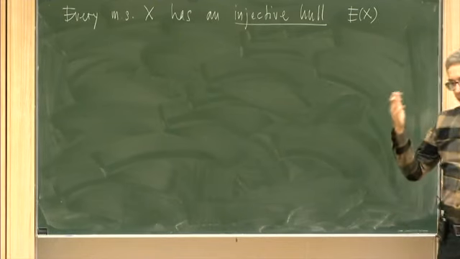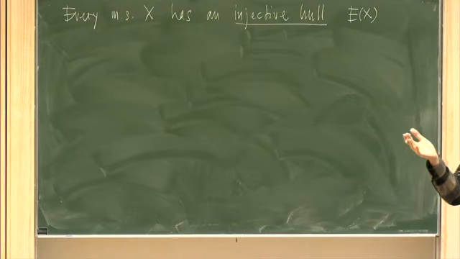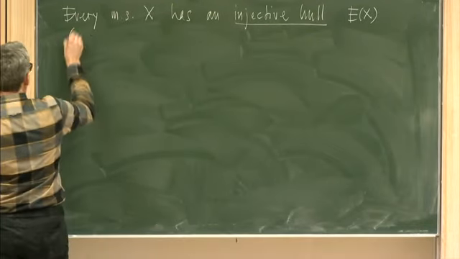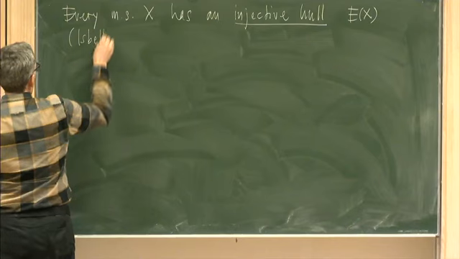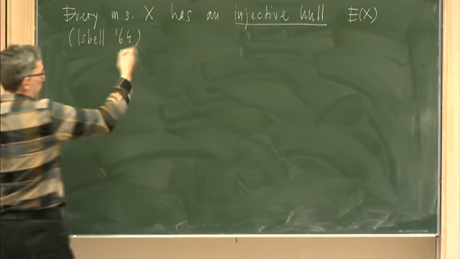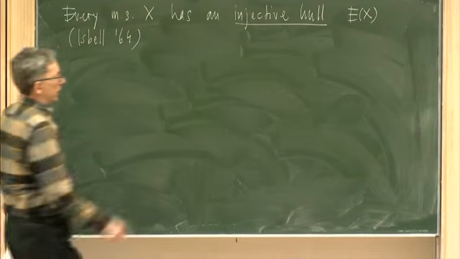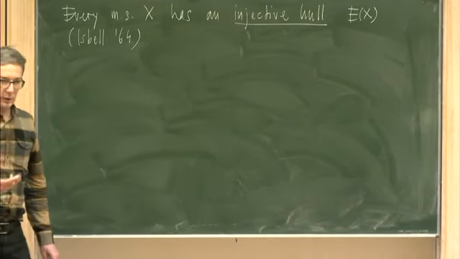So there is a kind of smallest injective metric space containing an isometric copy of X. That's an old construction due to Isbell, and he constructs it explicitly as a certain function space. He looks at certain 1-Lipschitz functions on X and takes the sup norm. This has nice functorial properties.